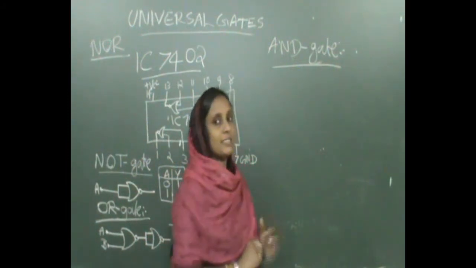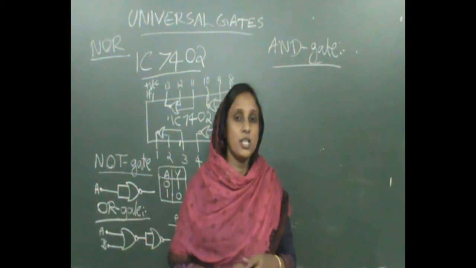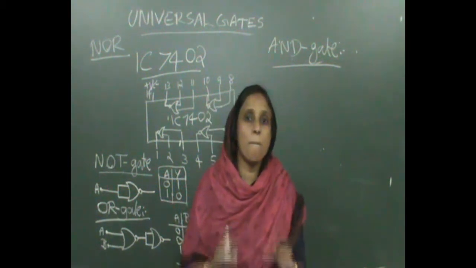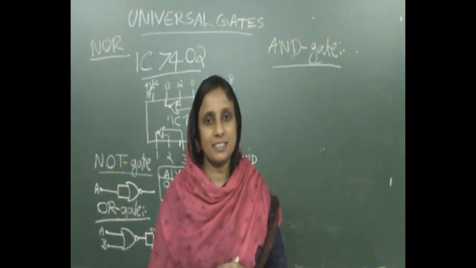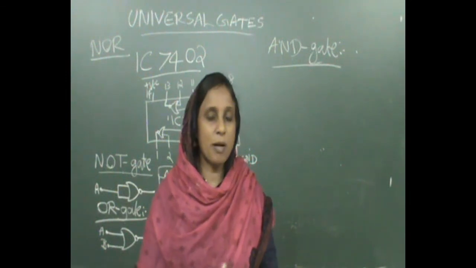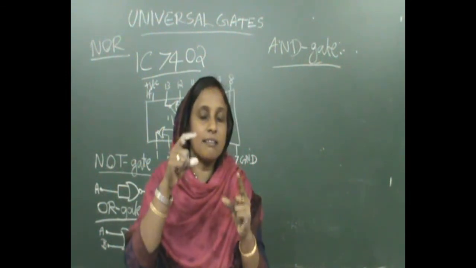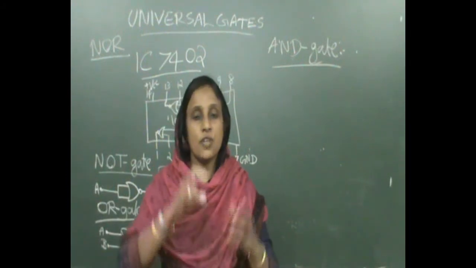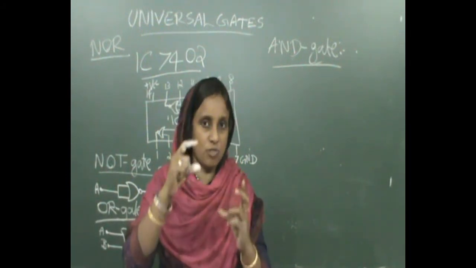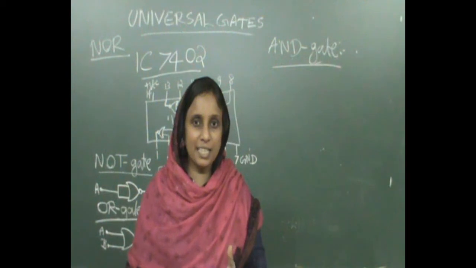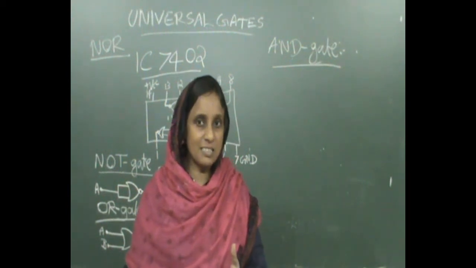We already learned that a NOR gate is equivalent to a bubbled AND gate. Bubbled AND gate means inversion at the input terminals. If you cancel out this inversion, you have an AND gate, right?